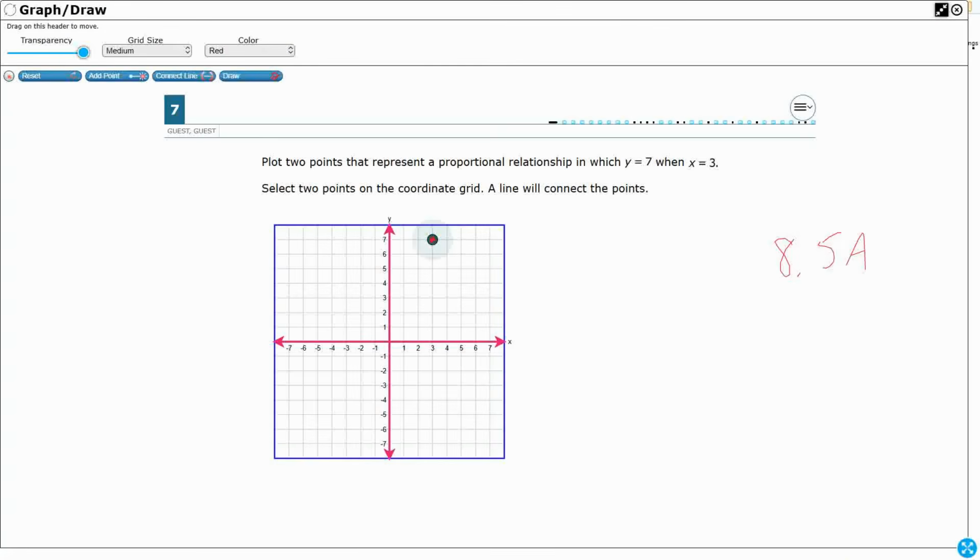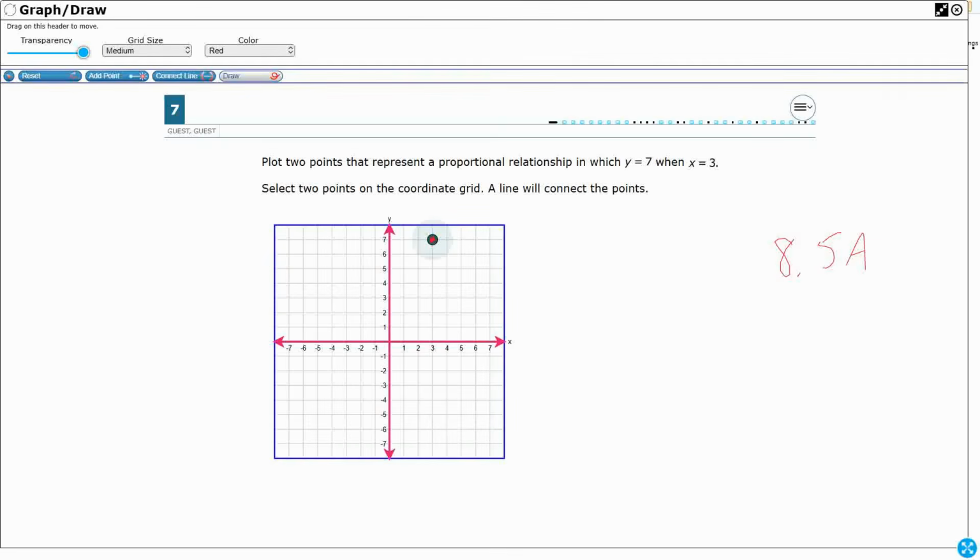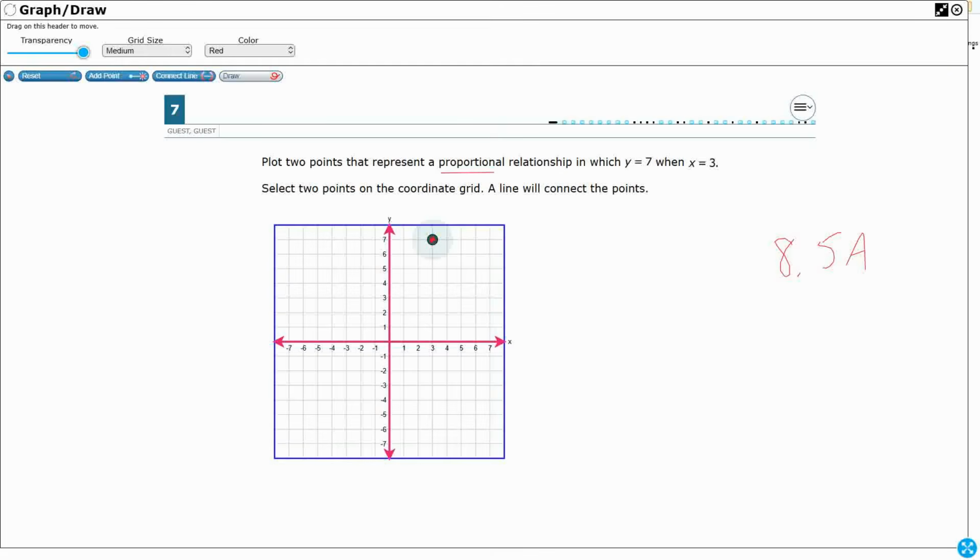How am I supposed to graph this if they only give me 1 point? Well, they actually give us a clue for the second point, but it's a vocabulary word. Look at what type of relationship they said. They said it was a proportional relationship. So if it's a proportional relationship, that means it does not cross the y-axis at any point other than the origin.